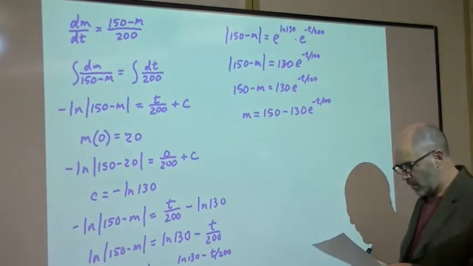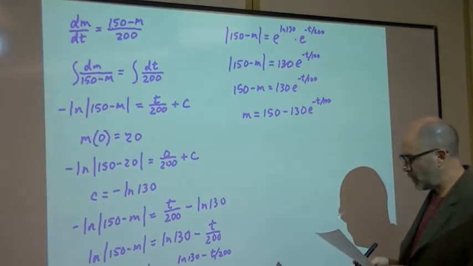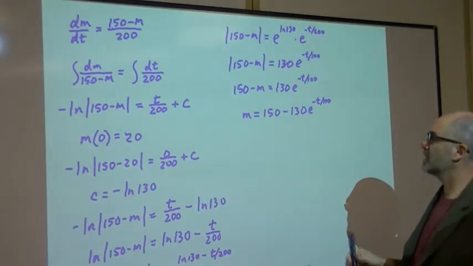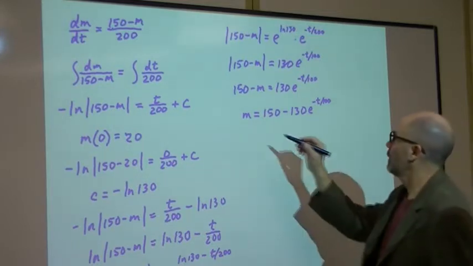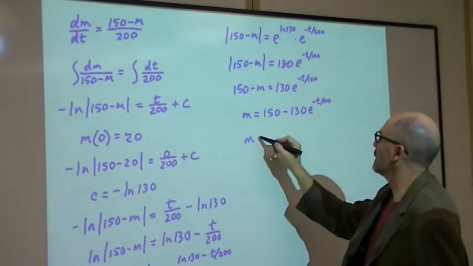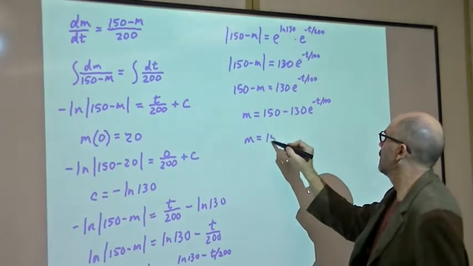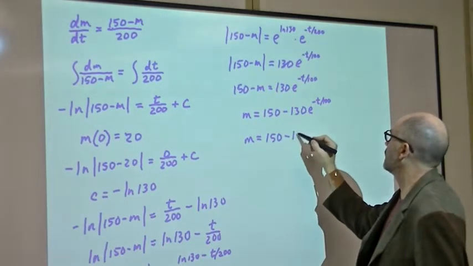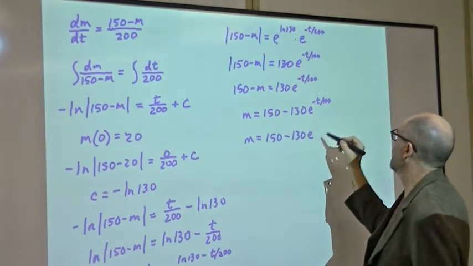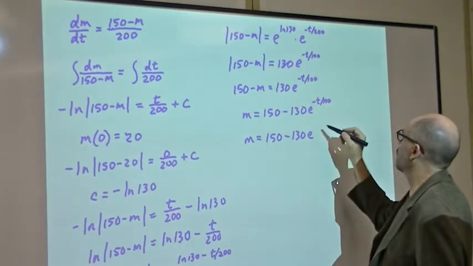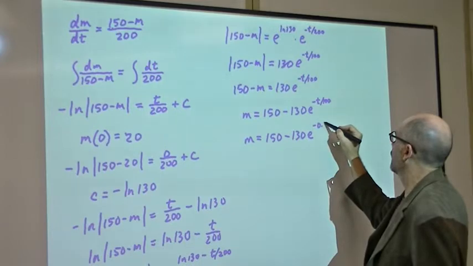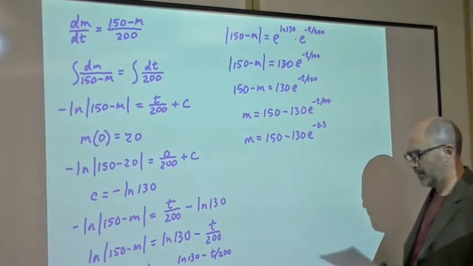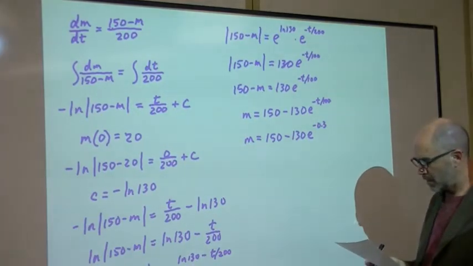Okay, now the last thing we have to do is we want the mass at 30 minutes. So all we do is plug in 30 for t. So 150 minus 130 e to the negative 30 over 200.